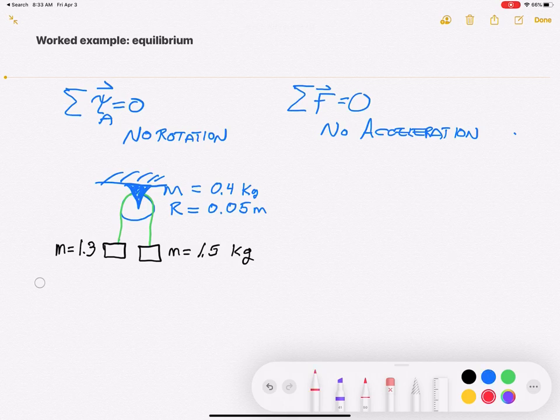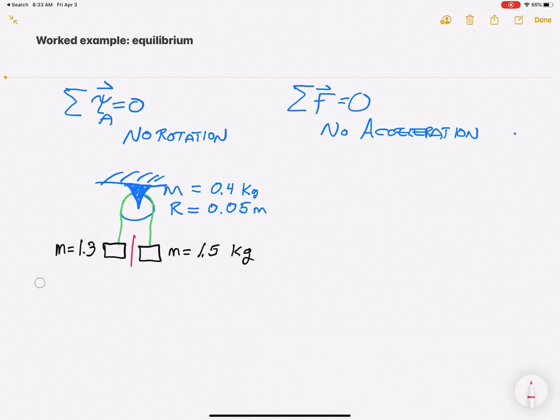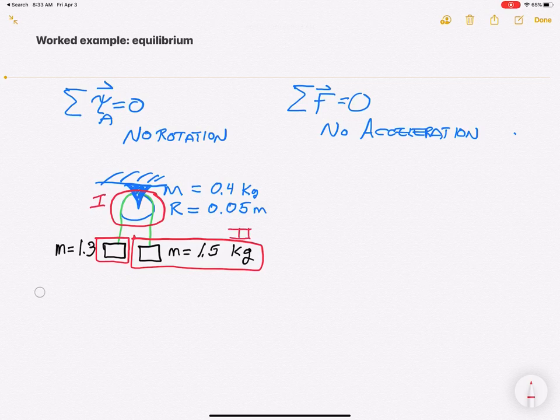We'll do our usual trick of not having a question. But that's going to be one system. And then we'll take the pulley to be the next system. And then we'll take this last object to be the third system. So that's 1, that's 2, and we'll come over here and call this 3.